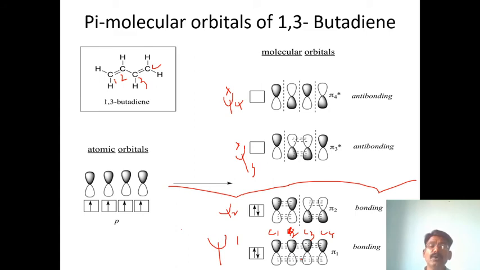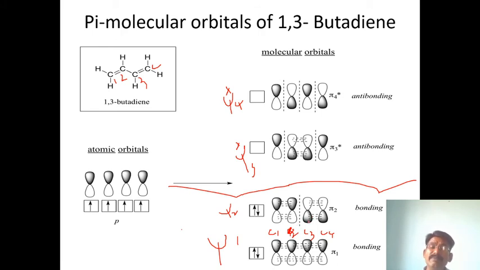In the Psi 2, there is bonding between the C1 carbon and C2 carbon, and bonding between the C3 and C4. So one anti-bonding is there, that is C2, C3, the node present between the C2 carbon and C3 carbon.